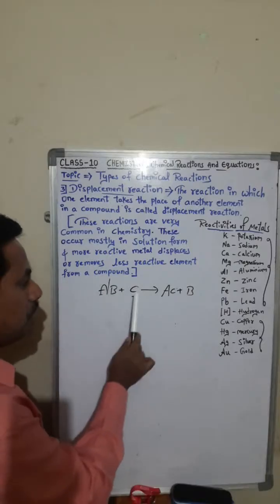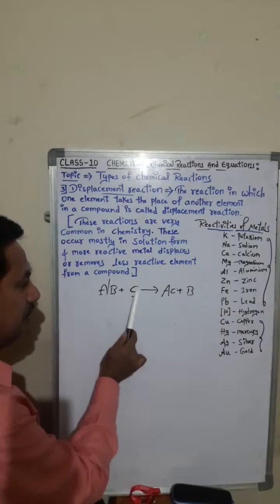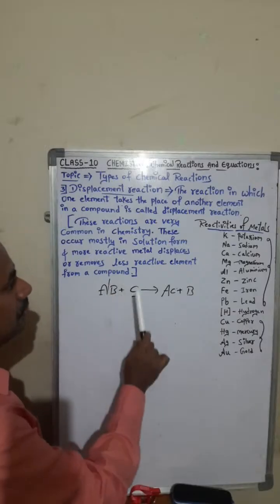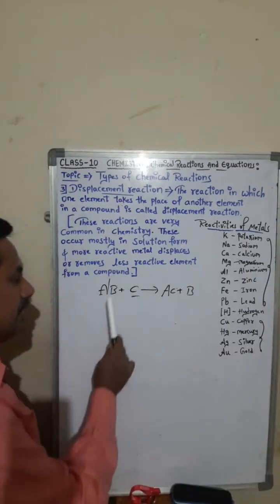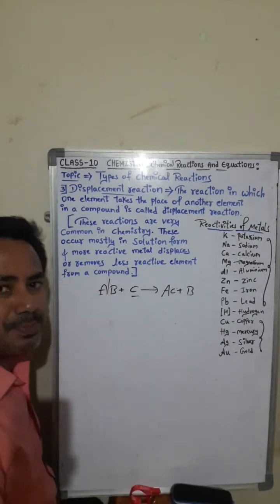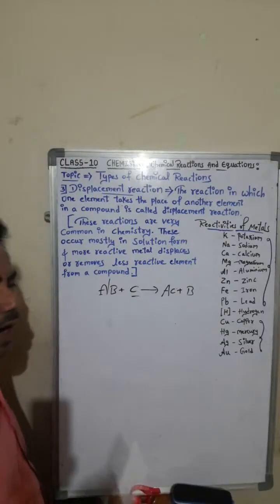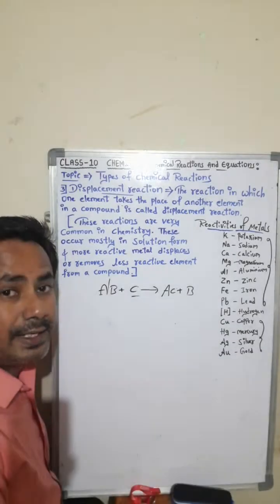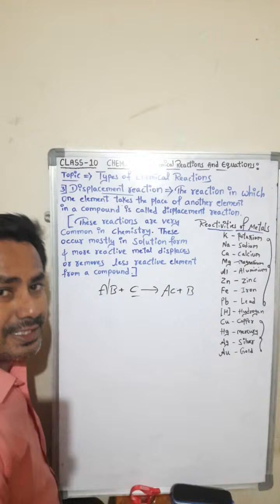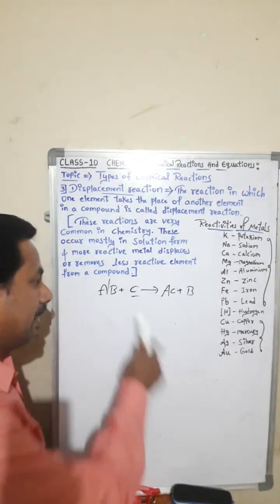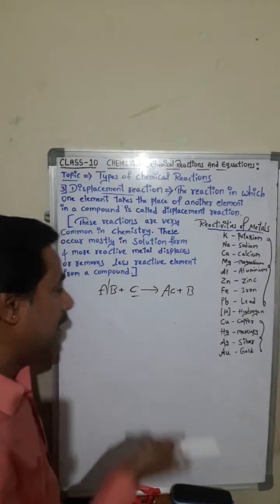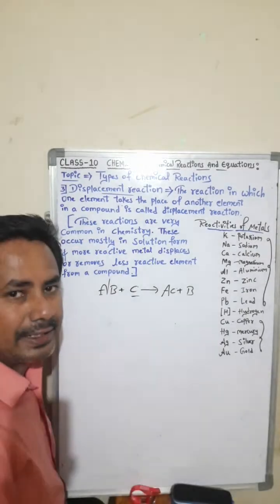From this compound, it will take place here, and it displaces, changes the place. This is called displacement reaction. Generally this takes place in molten state or aqueous state, solution form, and here a more reactive element displaces a less reactive element.